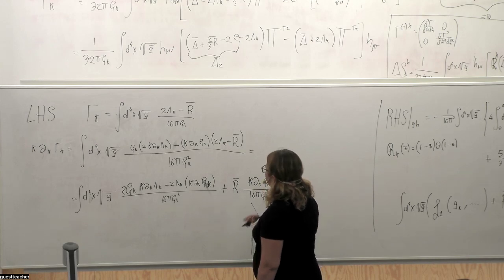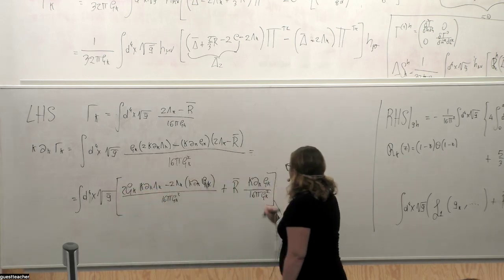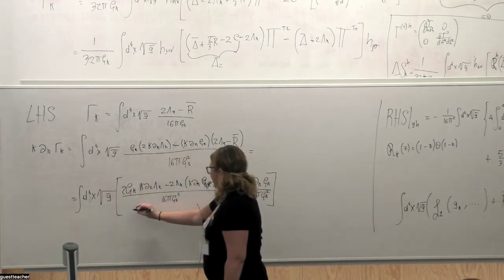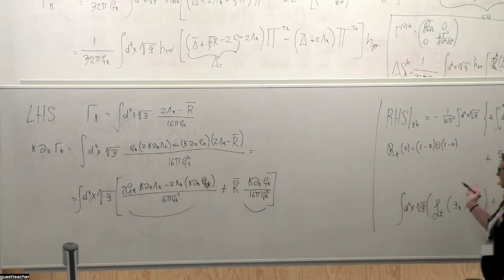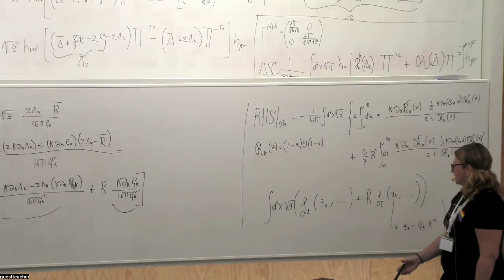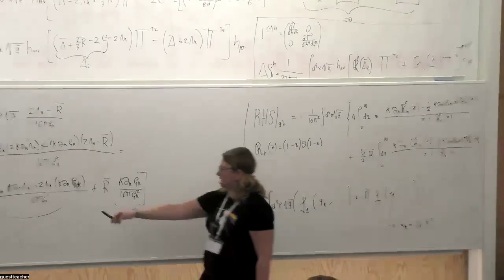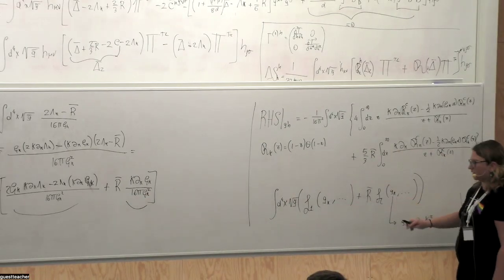So, yes, I think this should be it. And now what do we have? We have a function plus R bar, a function. On the right-hand side, we will have a space-time integral, a function plus R bar, another function. We can compare the two and equate this one with this, and this with the second one.